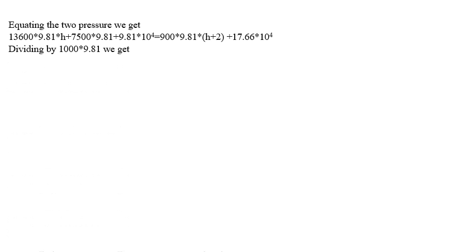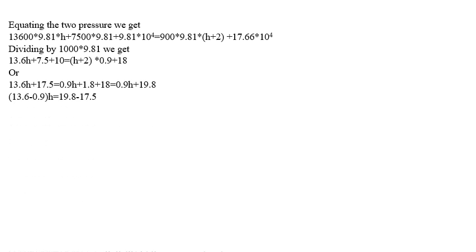Then h is calculated by the simplification of these two expressions. Initially it is divided by 1000 into 9.81. So then we will get 13.6 h plus 7.5 plus 10 is equal to h plus 2 multiplied with the 0.9 plus 18. This is the simplification for that one.